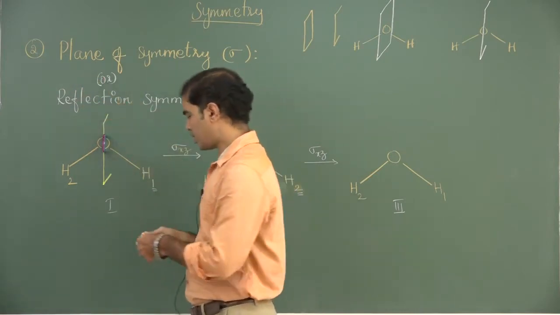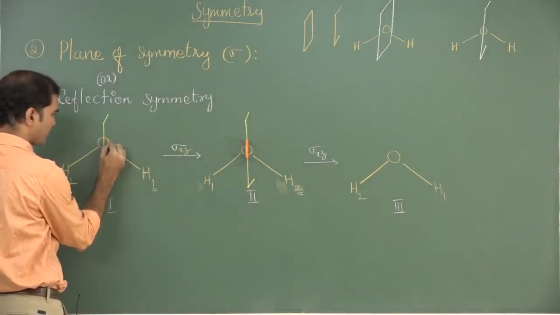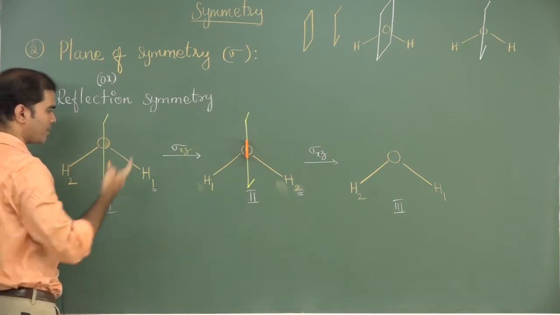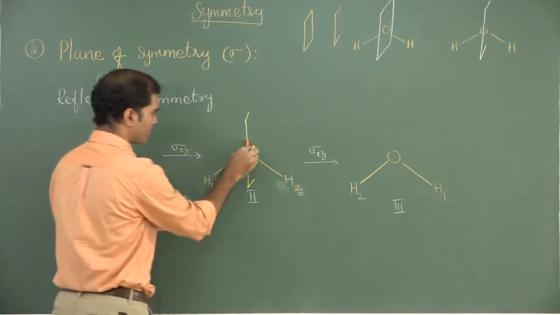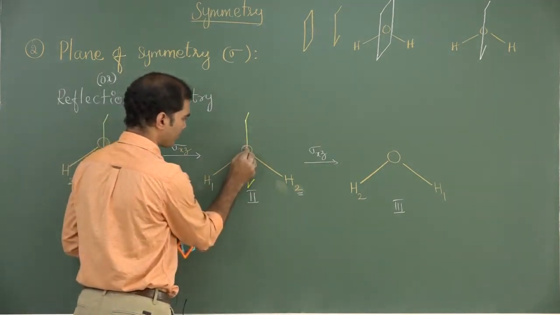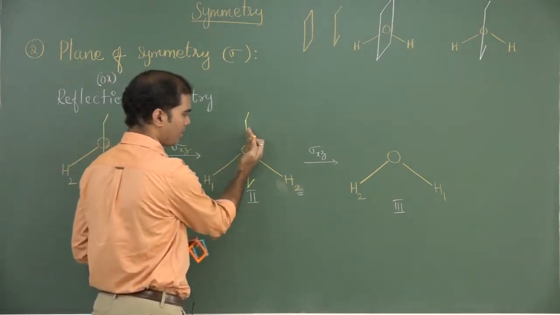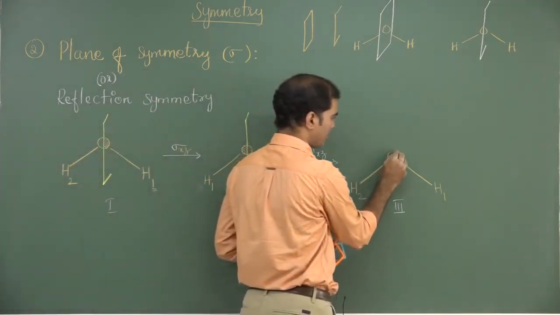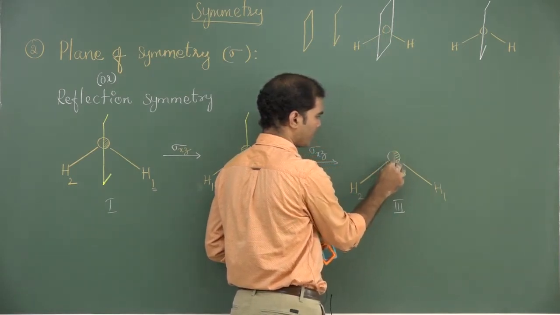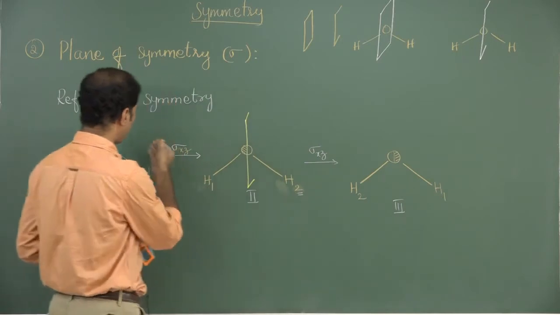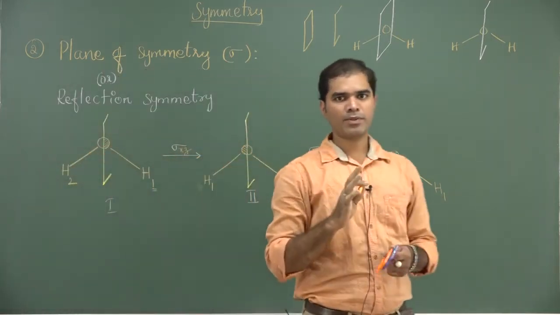So as I pass a plane, the one half which is towards your right, I am putting it in lines, this particular half will reflect here, and once again I pass a plane, this will reflect here. So whatever half that was towards your right hand side in the lines, again that has come towards your right hand side.